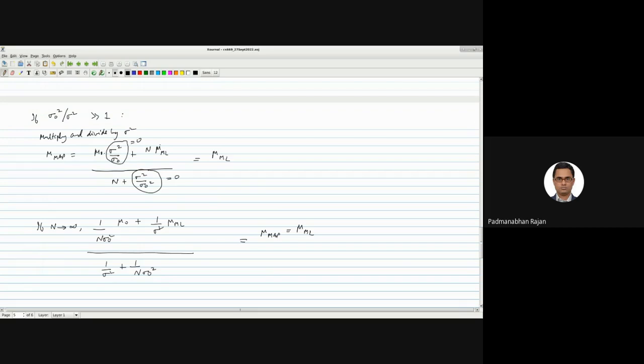So if you have lots and lots of data, a large number of training samples, then the ML estimate and the MAP estimate will be equivalent. So having done all this and having seen this, what can you say about MAP? When is a good situation to use MAP?